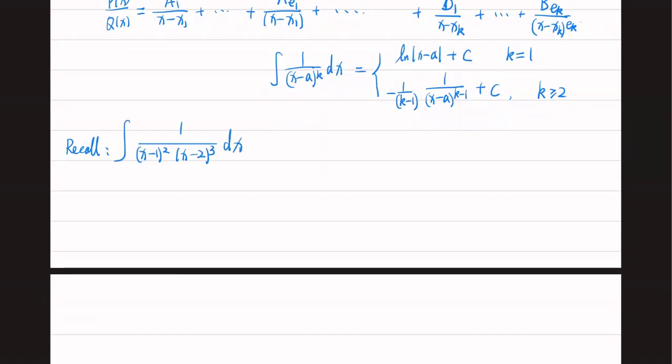Okay, so that's the one we had last time, right? We want to integrate this very complicated rational function. The denominator is squared and cubed. So we set up the partial fraction decomposition for this.